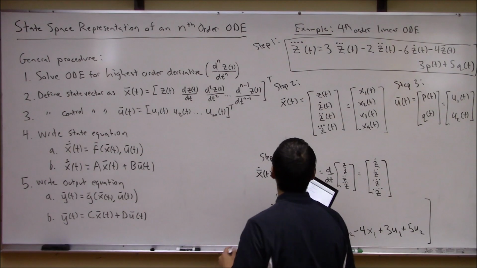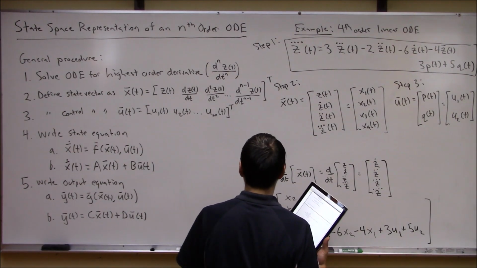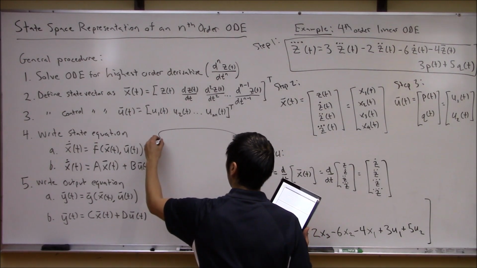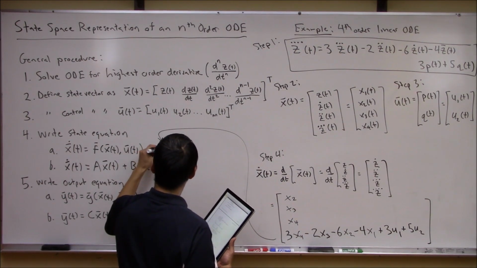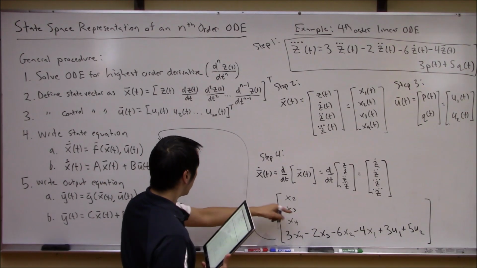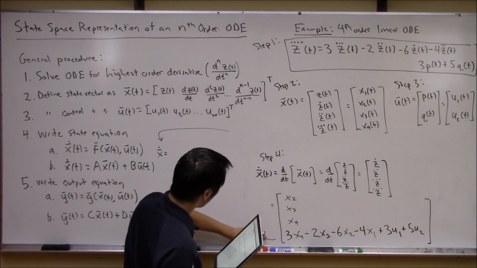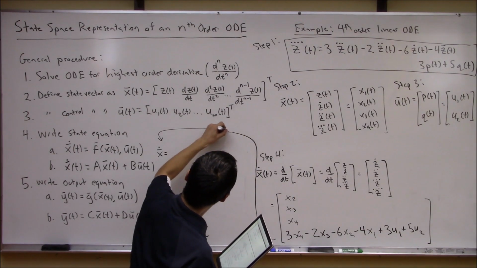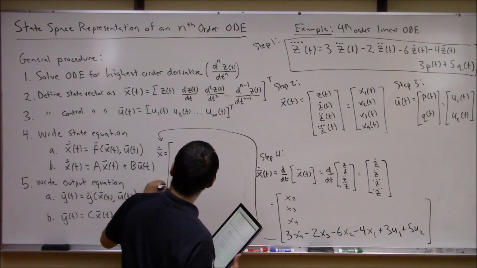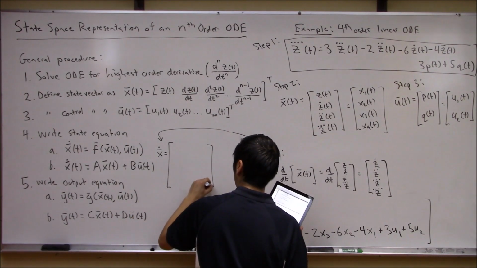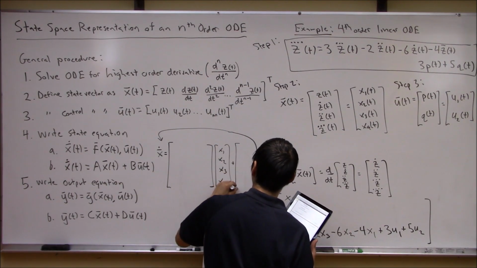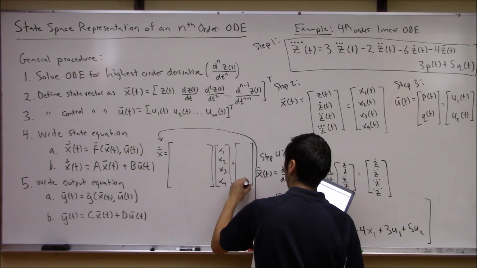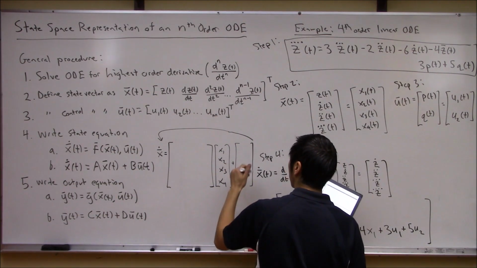In fact, let me come back. Shoot, I didn't manage my space very well. Let's do this over here. The left-hand side of this thing is x dot, equal to, and I want to write this whole thing in matrix format. I'm going to write this as a big 4x4 matrix times x1, x2, x3, x4, plus a 4x2 matrix times u1, u2.